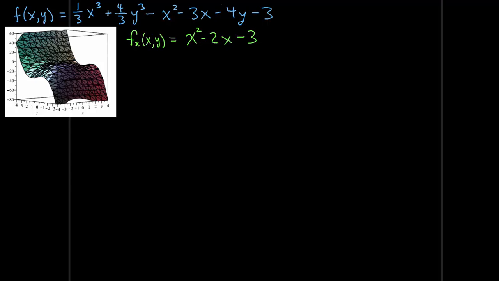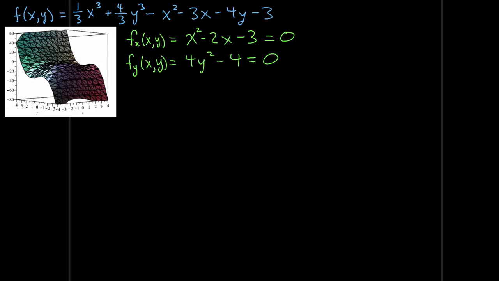That's the partial with respect to x, and we're going to set that equal to 0. We're going to take the partial with respect to y. The partial with respect to y is going to be 4y squared minus 4, and that is going to be equal to 0.